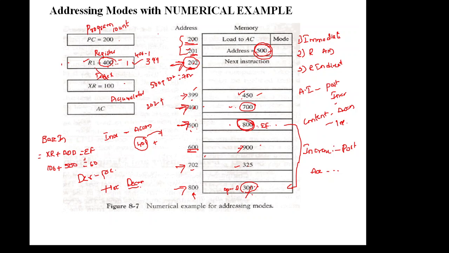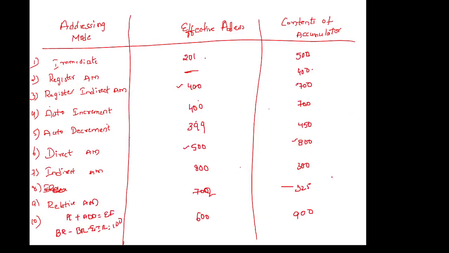So 202 plus 500 is 702. This 702 is the effective address. So we have to go to 702, and the content of the accumulator will be 325.